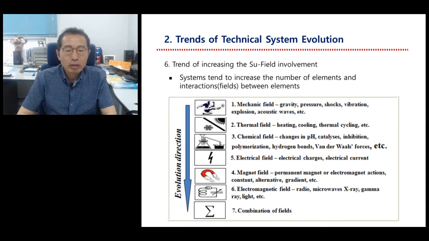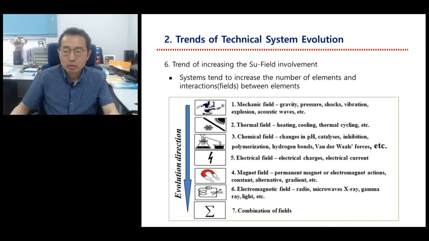Next, the trend of increasing SU field involvement. This trend is that as the system evolves, SU field involvement increases. Here, SU field means the interaction between substances. Interaction between materials has mechanical, thermal, chemical, electrical, magnetic, and electromagnetic actions.